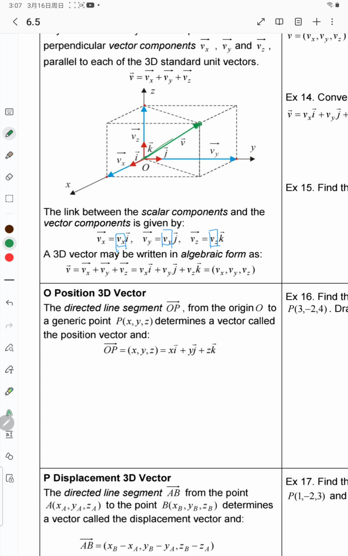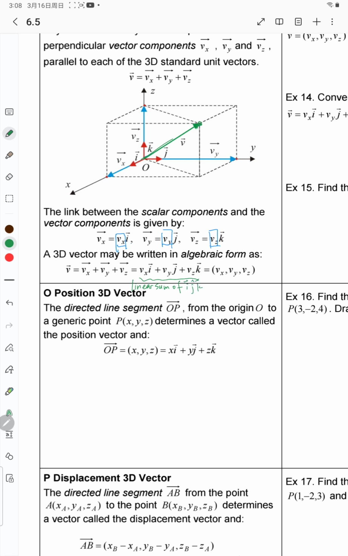Alright, so a 3D vector may be written in algebraic form. Again, we decompose the vector as a linear combination, a linear sum of i, j, k.